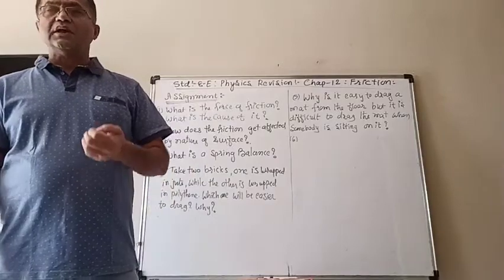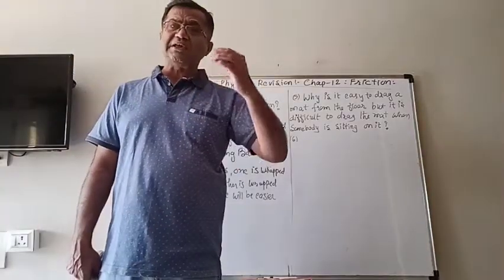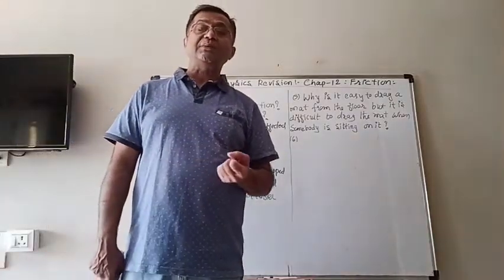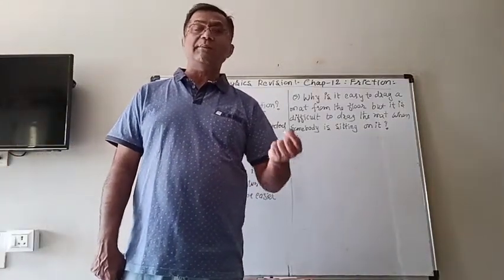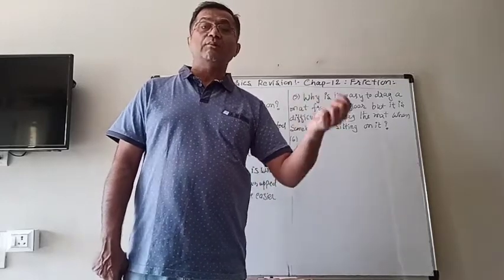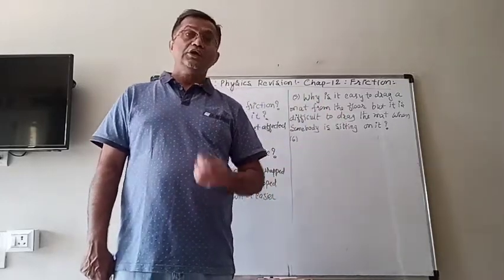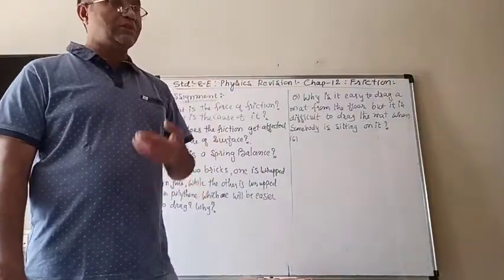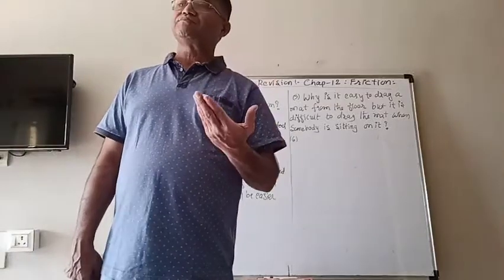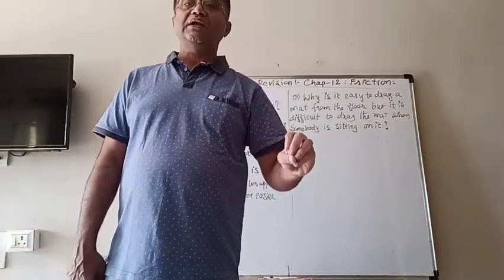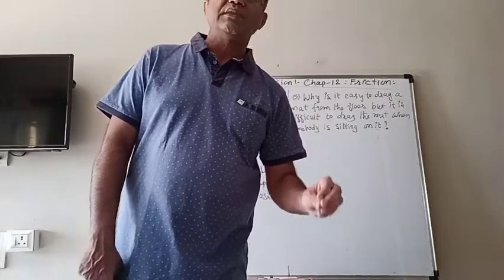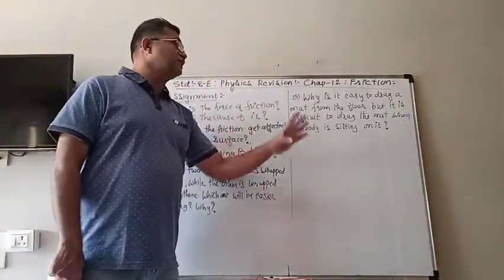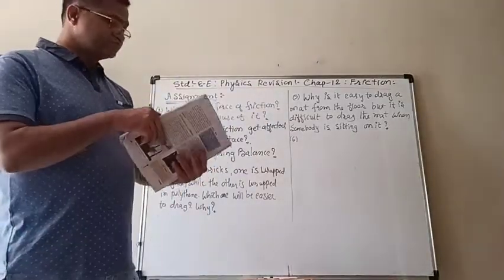But if you apply a little force which is less than the force of friction, you won't be able to move that box at all. So to overcome the friction, we have to apply a force in the opposite direction that is more than the force of friction. Then and only then will you be able to move that box.